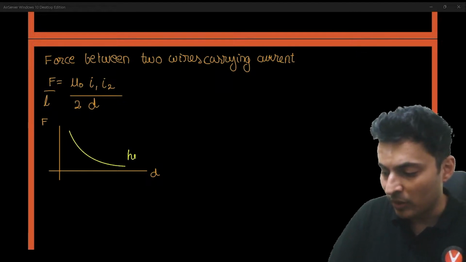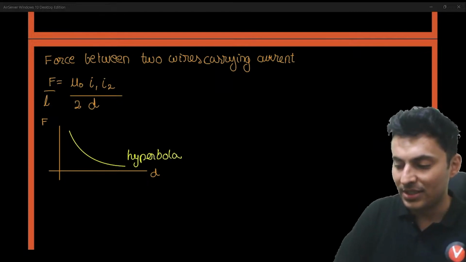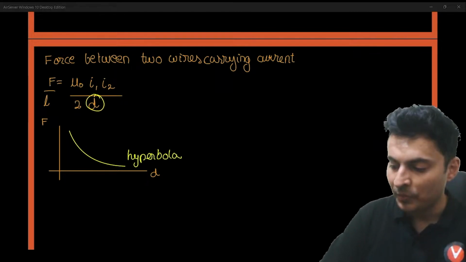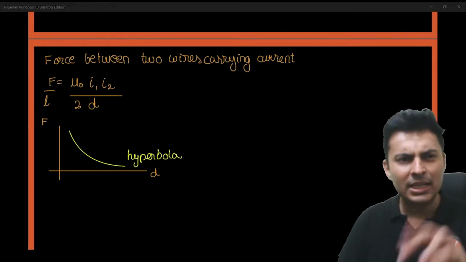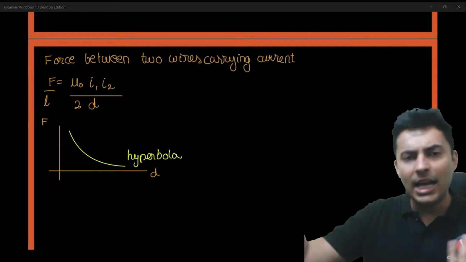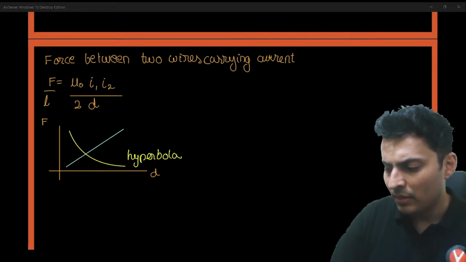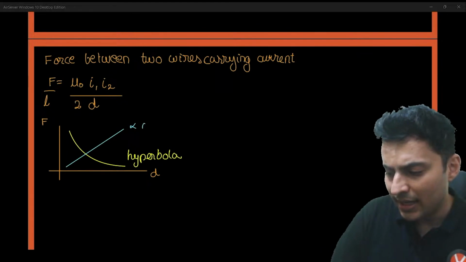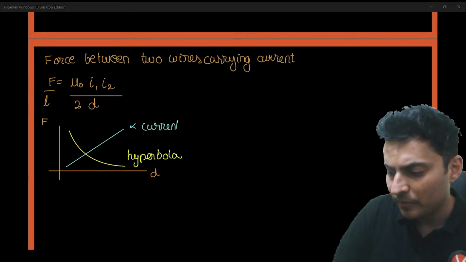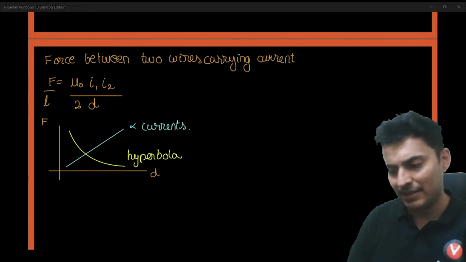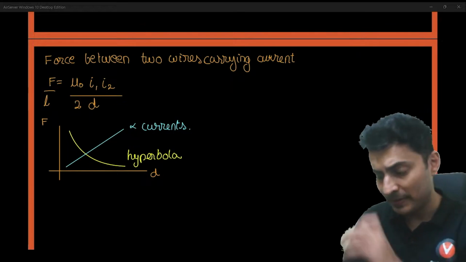So it will be a hyperbola. Keep this in mind, because d is below, force is on the top. If it is with regards to the current, then it is on the top. So it will be directly proportional to the current. Keep this in mind. Very, very straightforward.